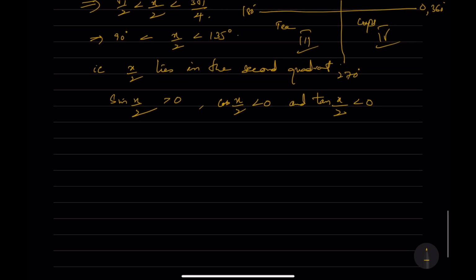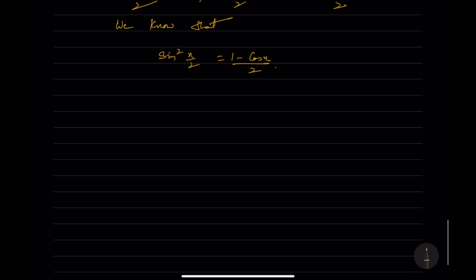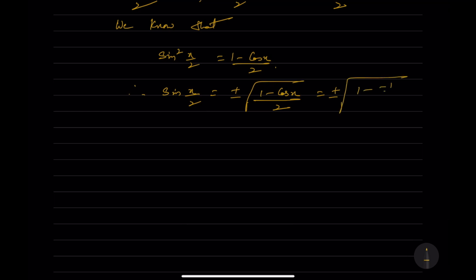So we are having all these. So now we know that sin square x by 2 is equal to 1 minus cos x by 2. So therefore sin x by 2 is equal to plus or minus root of 1 minus cos x by 2, which is equal to plus or minus root of 1 minus of minus 1 by 3 by 2.